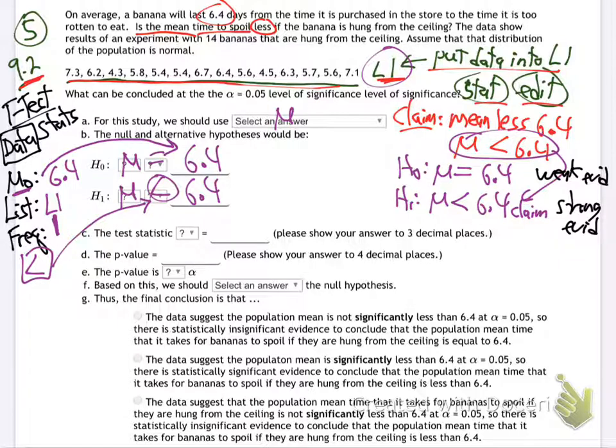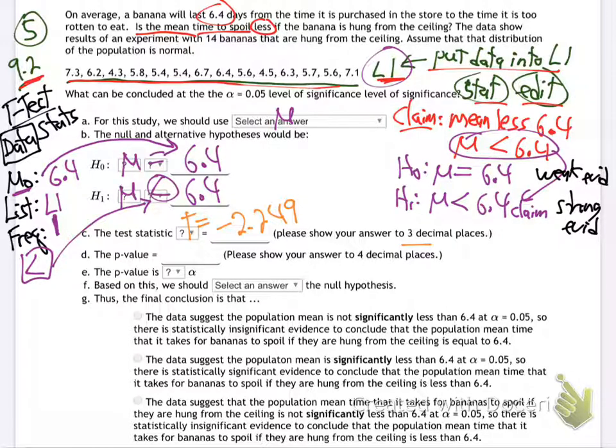Hit enter and you'll get some numbers. Here's what I got. I got a t value. T equals minus 2.2489.